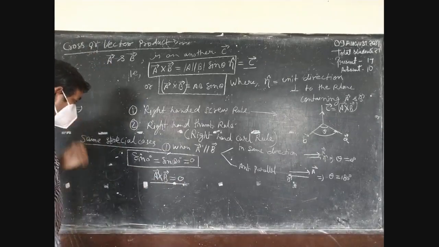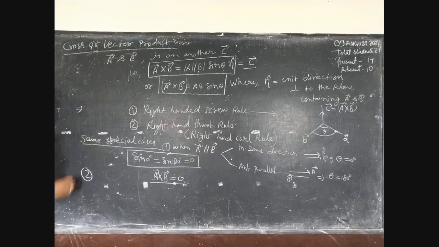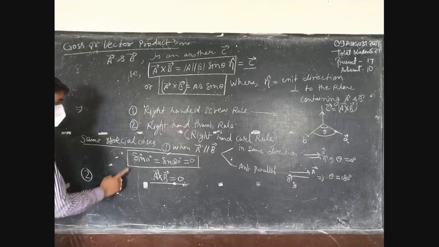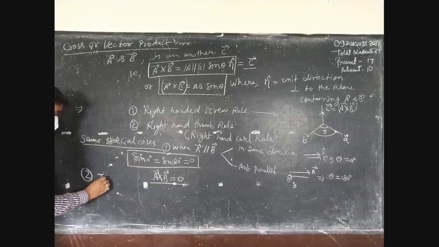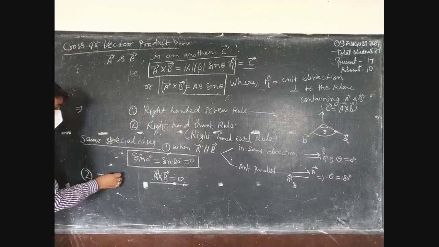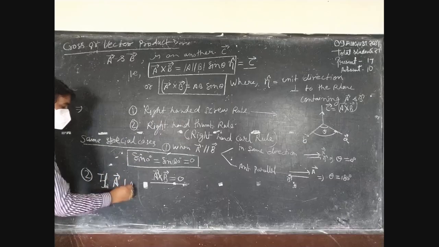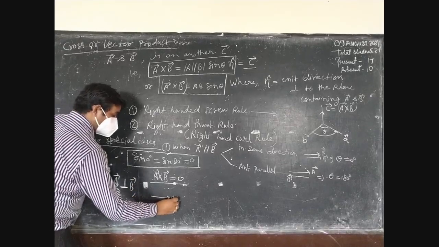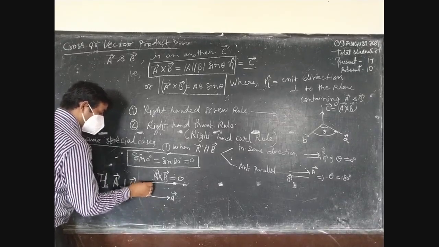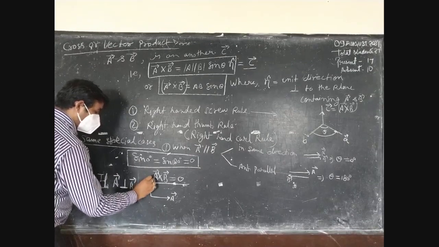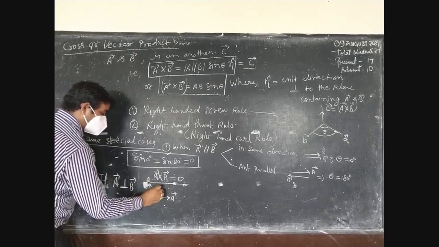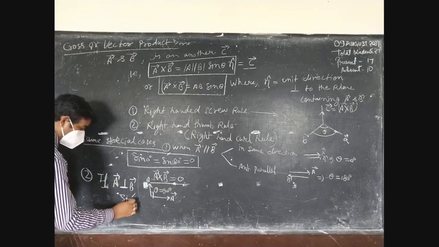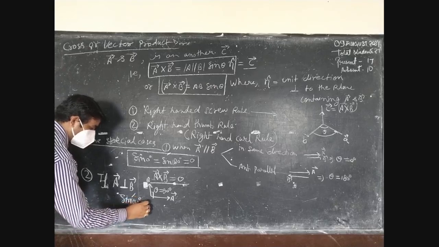Okay, now case 2. If vector A is perpendicular to vector B, that is this is vector A and this is vector B, then theta is equal to 90 degree, and you know that sine 90 degree is equal to 1.